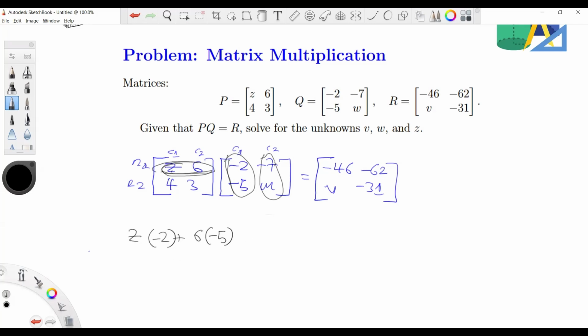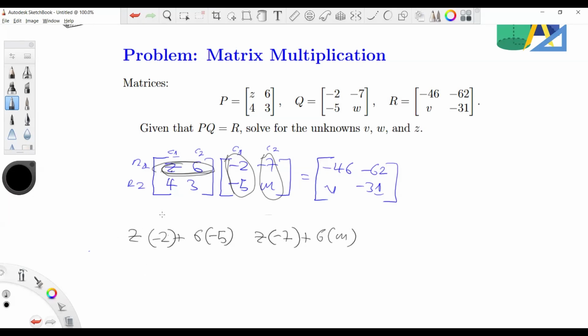Now we also multiply this first row by the second column. So we have Z multiplied by -7 plus 6 multiplied by W. That's the second element of the first row.